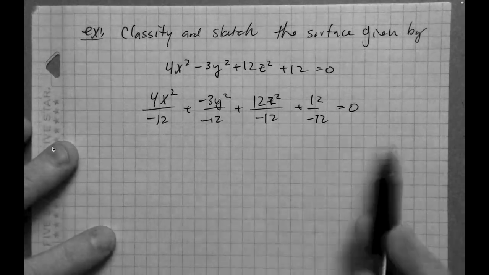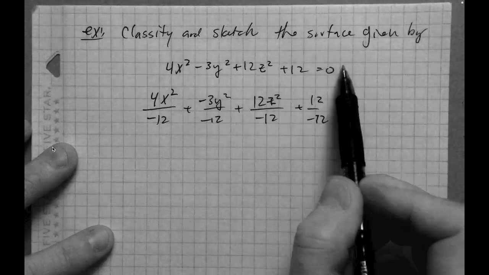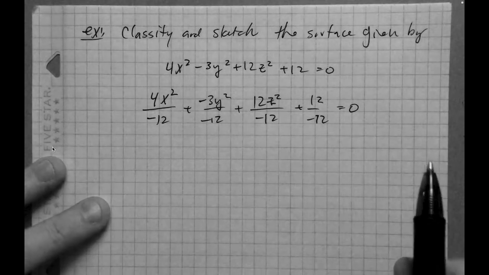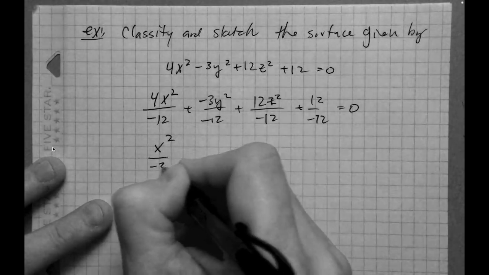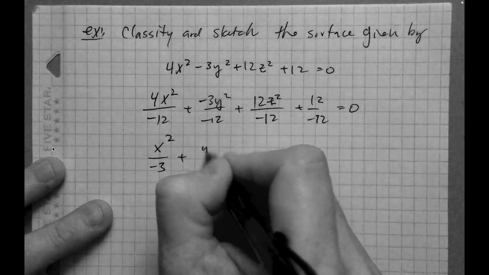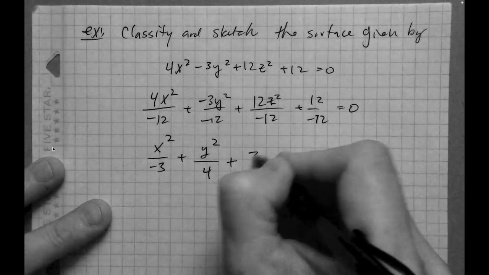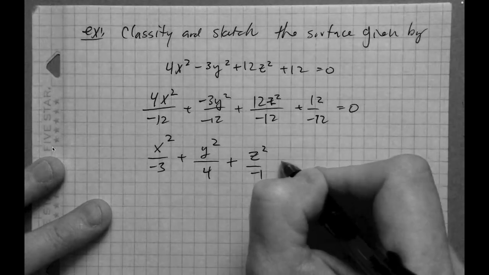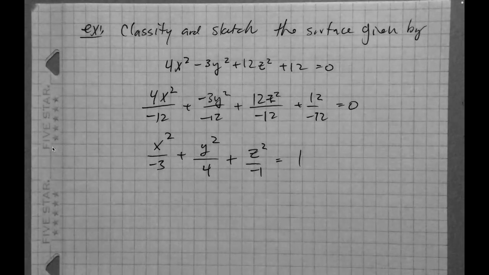And why do we divide down by negative 12? Well, we want to turn this into a negative 1 so that when it moves to the other side, it's positive 1. And so what do we get here? We get x squared over negative 3 plus y squared over 4 plus z squared over negative 1 equals 1. Okay.